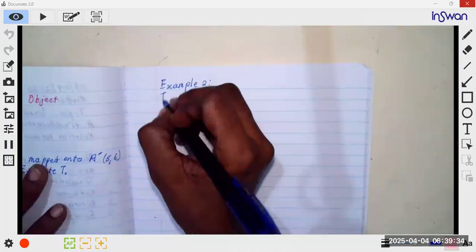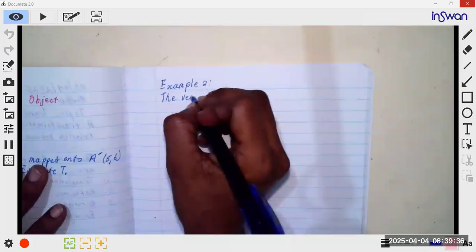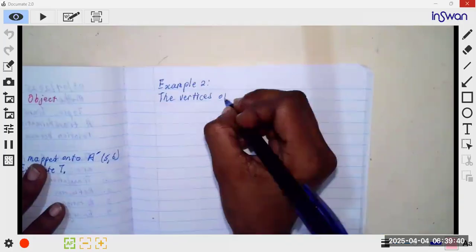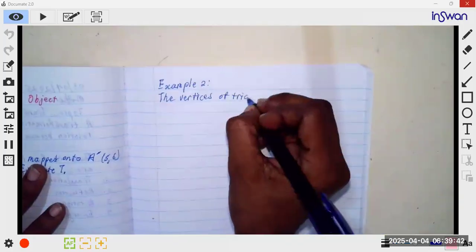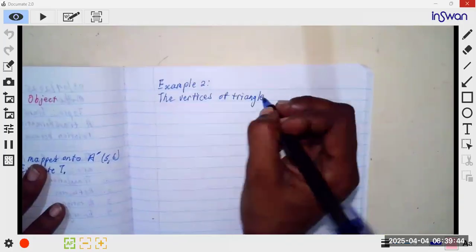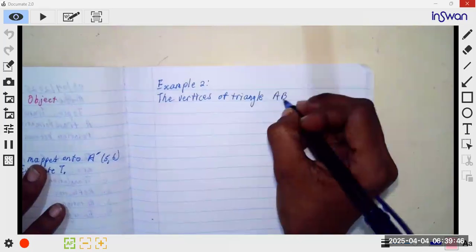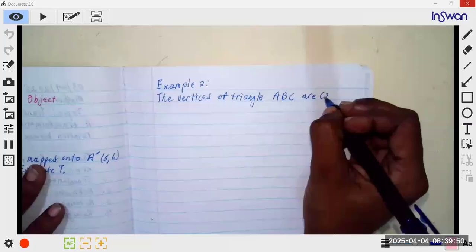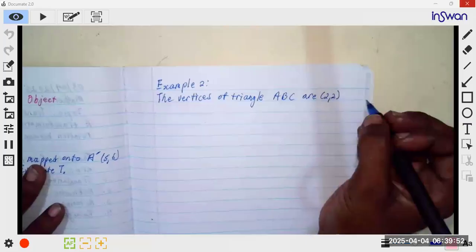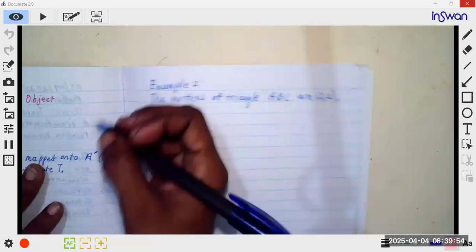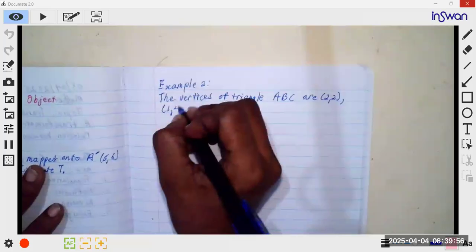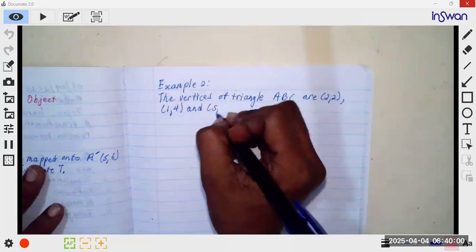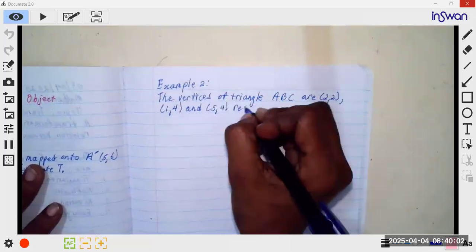Example 2. The vertices of triangle ABC are (2, 2), (1, 4), and (5, 4) respectively.